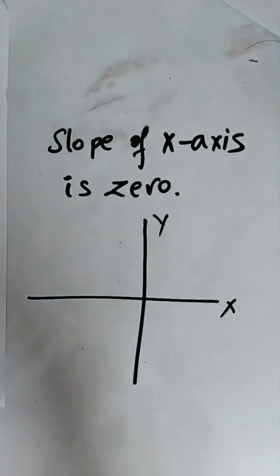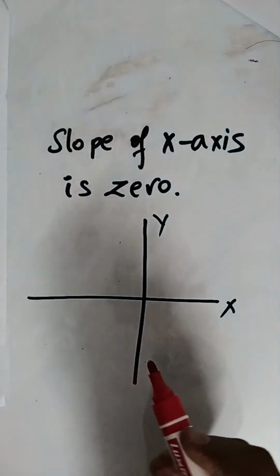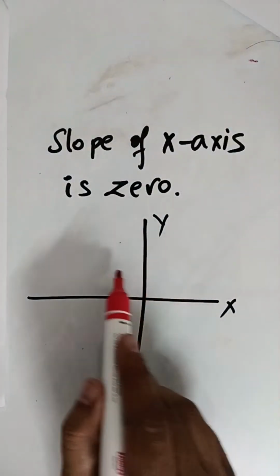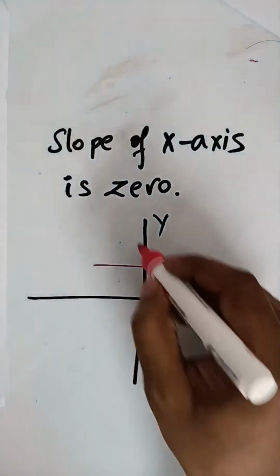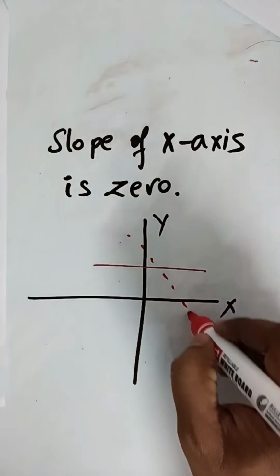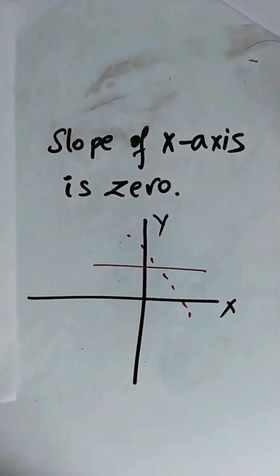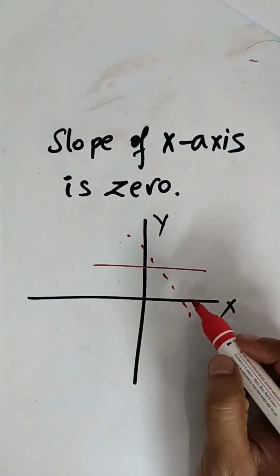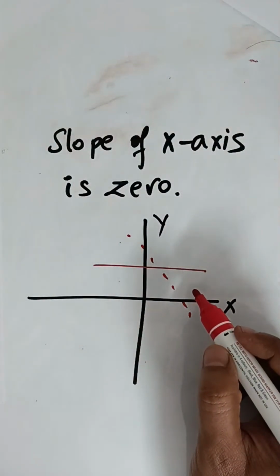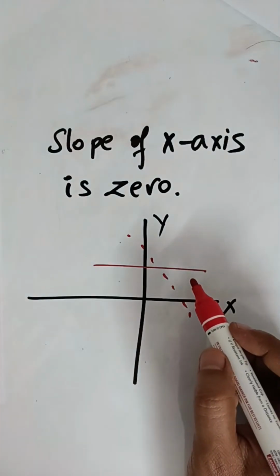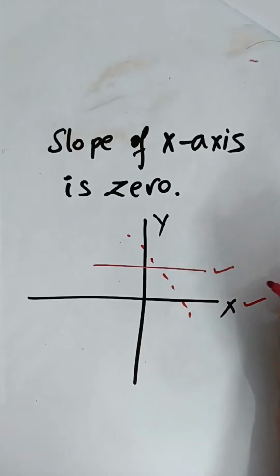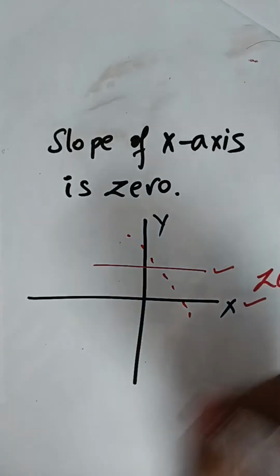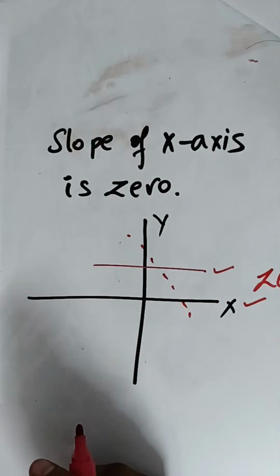A line parallel to the x-axis has no inclination. There is no angle of inclination. So the slope of this line, or the slope of the x-axis, is always 0. Clear?